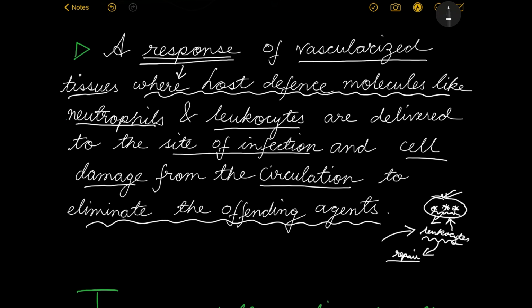So inflammation is not only our body's response to some external offending agent to eliminate that source, but also an initiative by our body to repair the damage caused by that offending agent in the first place.